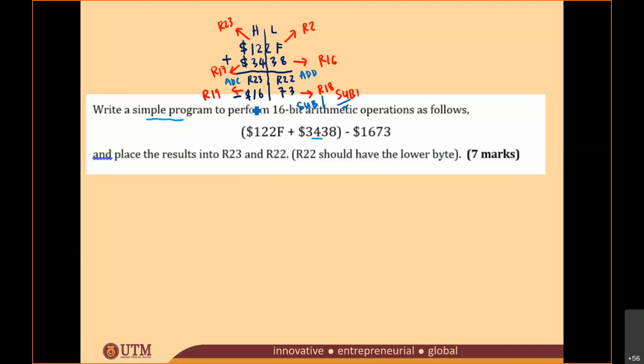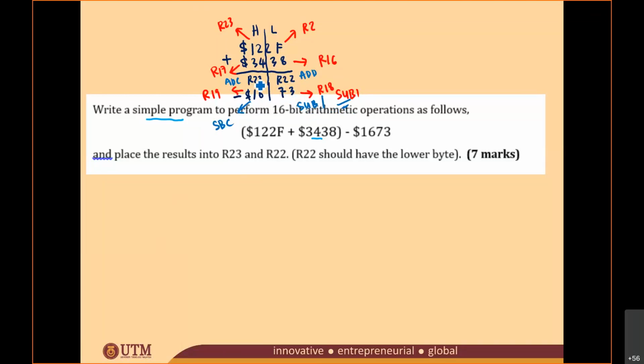And here, I can use SBC. Because here you're going to subtract R22 with 73, you can use either SUB, subtracting two registers, or subtract with the immediate value.